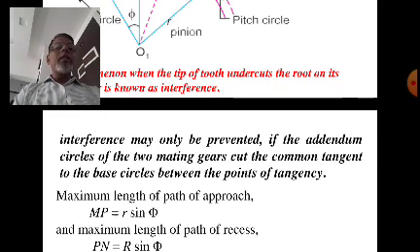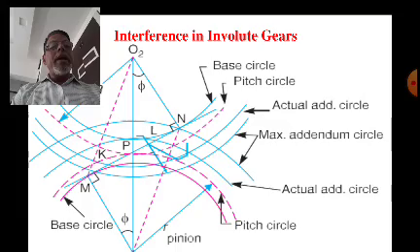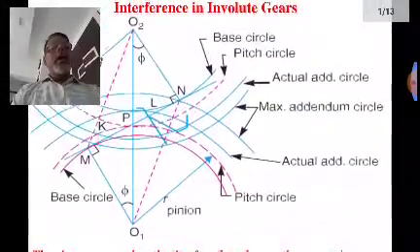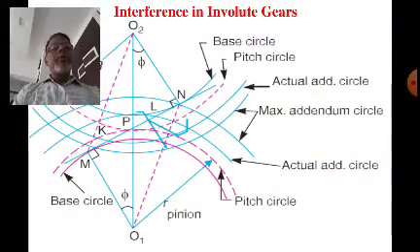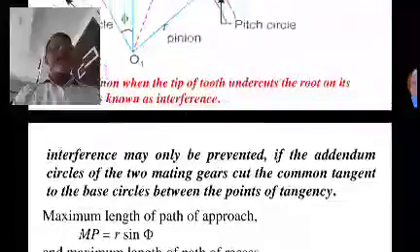So maximum length of path of approach means, initially we said this K to L is the length of path of contact. Now we can increase this maximum up to MN. Out of that, M to P is the maximum length of path of approach, and P to N will be the maximum length of path of recess.